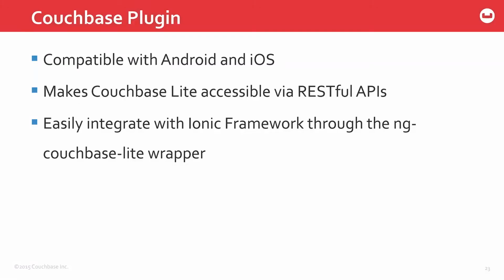So what is the Couchbase Cordova plugin? It's basically the ability to give you the Couchbase Lite piece for your mobile application. The Couchbase Lite plugin is compatible with both Android and iOS. It makes Couchbase Lite accessible via REST APIs, so you can communicate to your device's local storage, Couchbase Lite, through RESTful APIs.